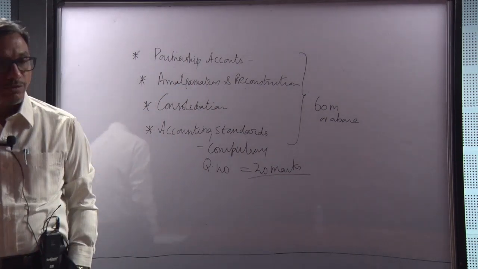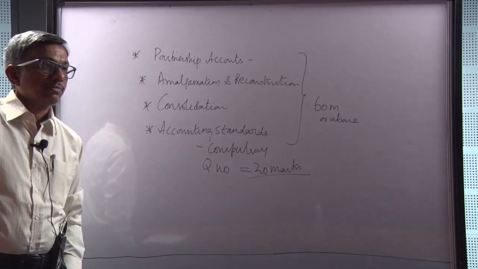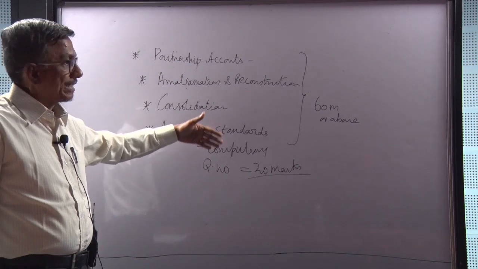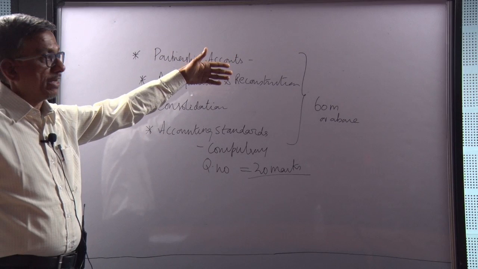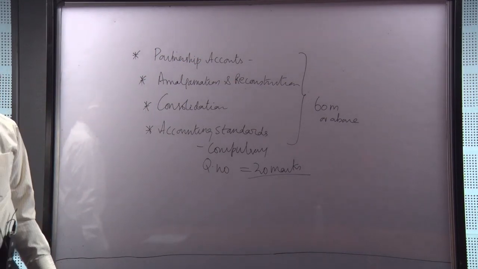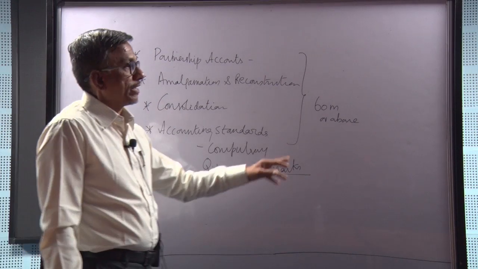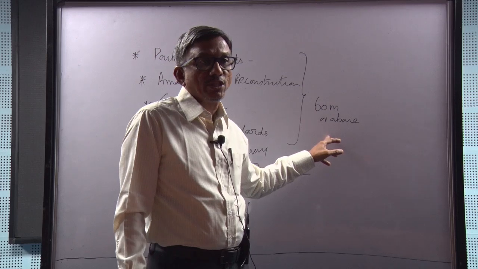So therefore, if you focus on these 4 chapters, basically, the quantum of marks that will appear in the exam will be around 70 to 75 marks. So if you are able to attempt all these questions, easily you can score a minimum of 60 marks in this paper.